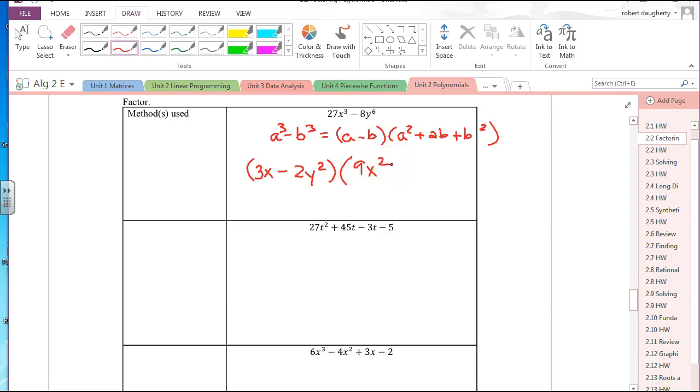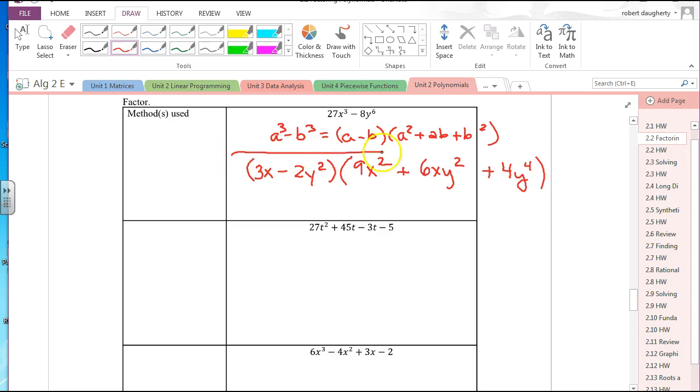And then the opposite sign, what happens when you multiply this times this? 6xy squared. And then what happens when you square this? 4 what? 4y to the 4th. I heard 4y cubed, which didn't sound too good. When you square the 2y squared, it's 4y to the 4th.